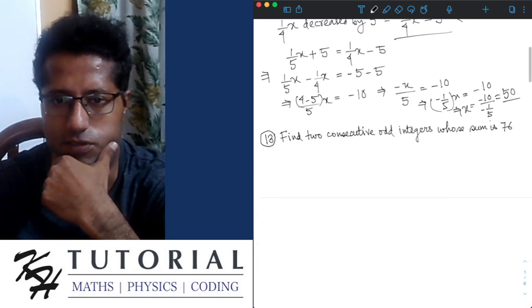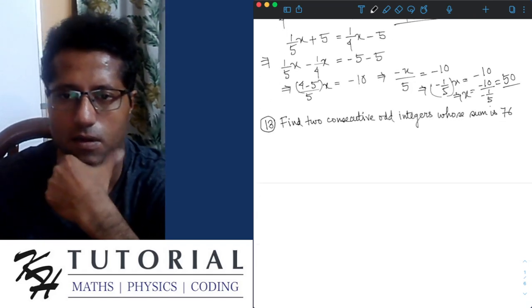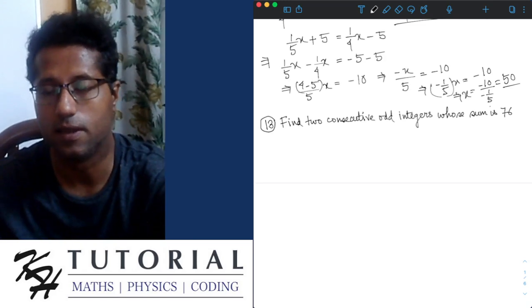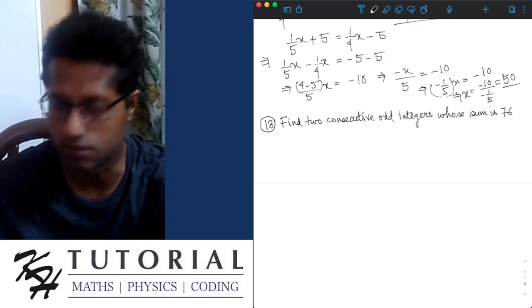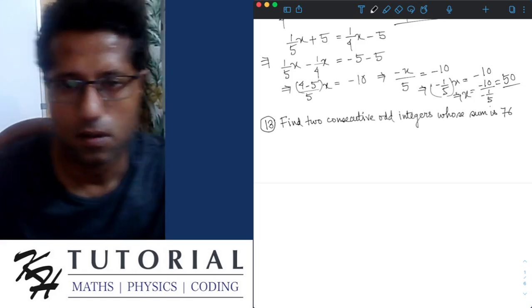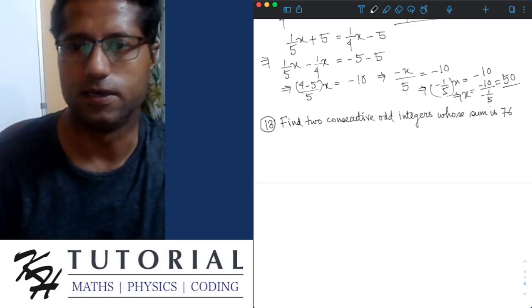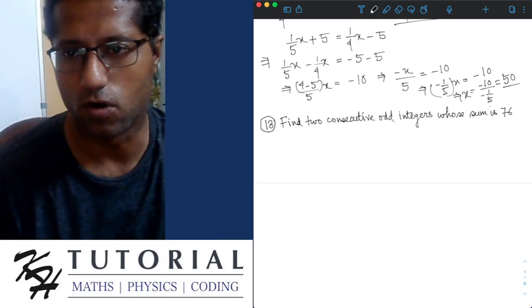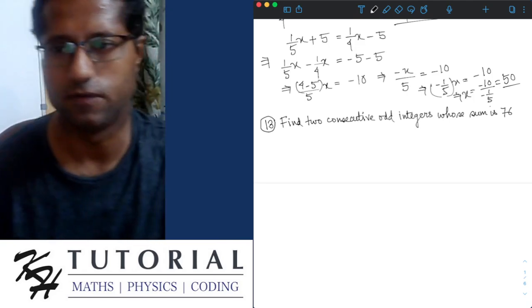Let's solve question number 13, which says find two consecutive odd integers whose sum is 76. So it's saying to find the two consecutive odd integers whose sum is 76.